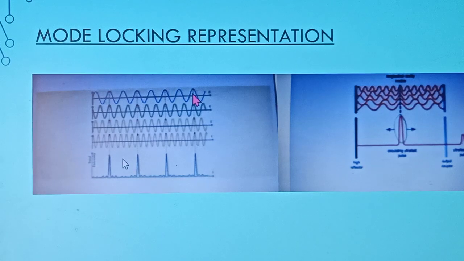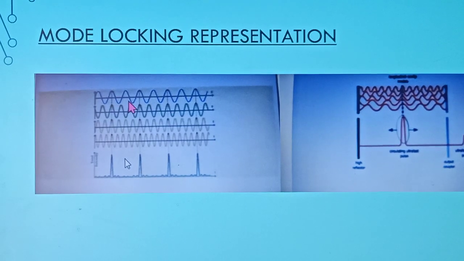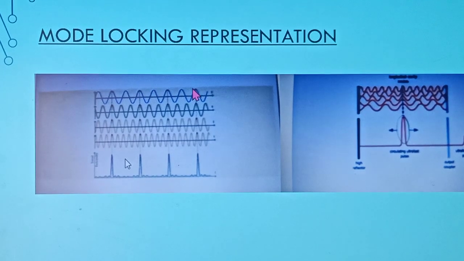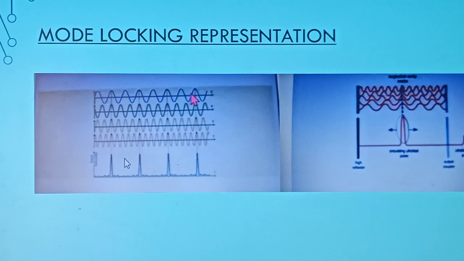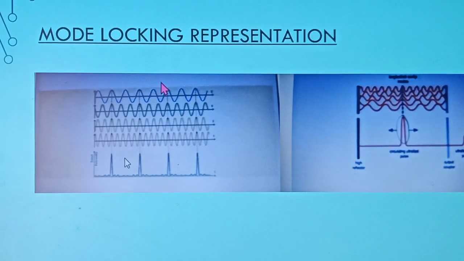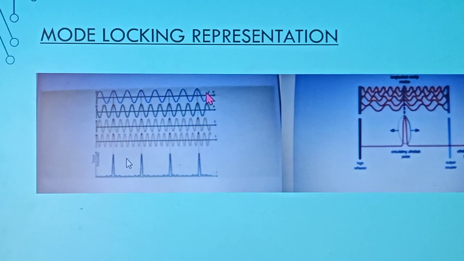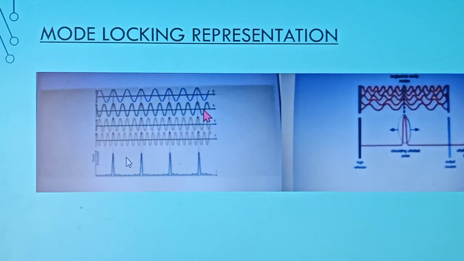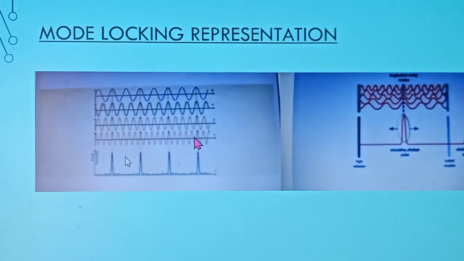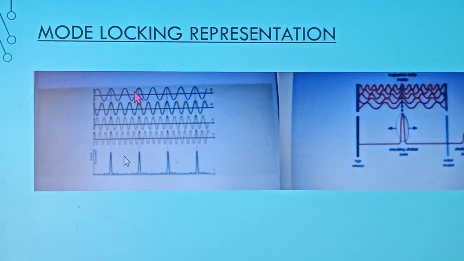See, these are the different modes, and this mode has a certain lambda and amplitude and therefore some frequency. And now this has a different one. So all the four shown here have different phases.